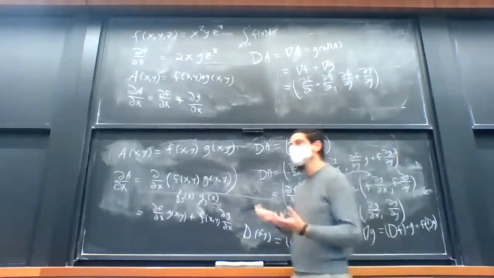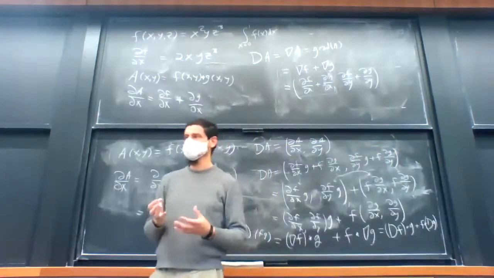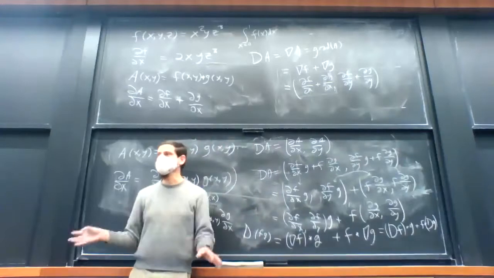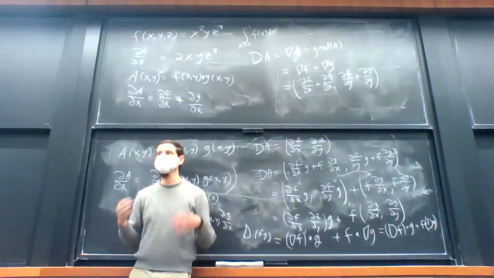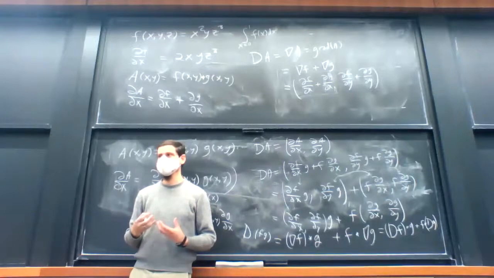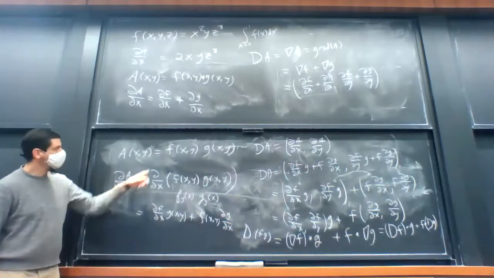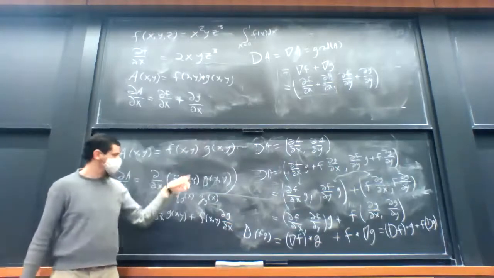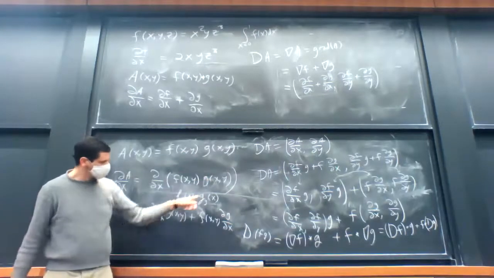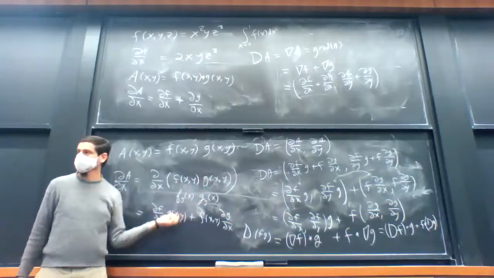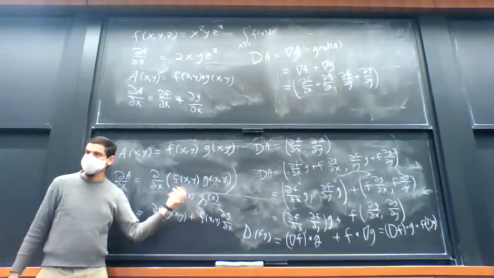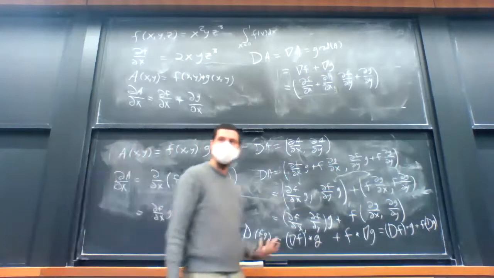We're going to be okay because it's the value of the function squared. It doesn't involve any derivatives. The derivatives in the quotient rule are only upstairs. So if you go through a very similar argument, if A instead was f of x divided by g of x, it would just be the standard quotient rule, and you would get a very similar result at the end of the day.